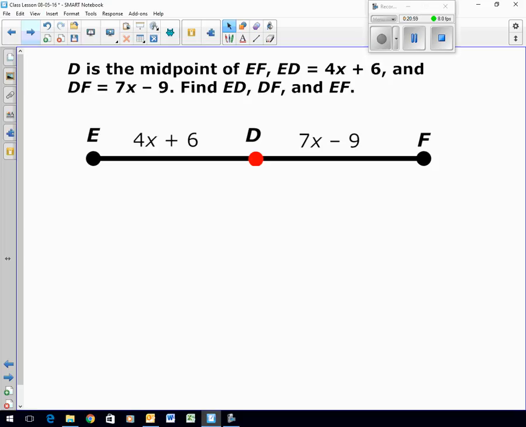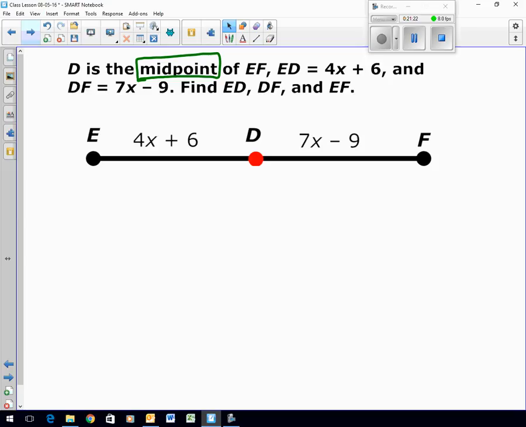Okay? There is a crucial definition that you've got to understand. Midpoint. My midpoint takes a line segment and divides it into 2 what segments? Congruent segments.